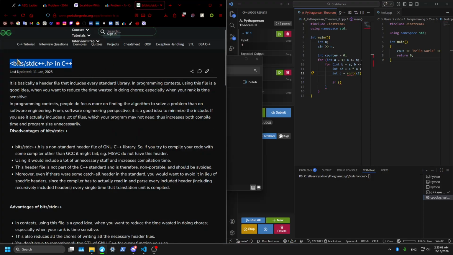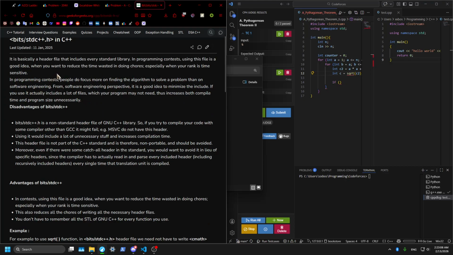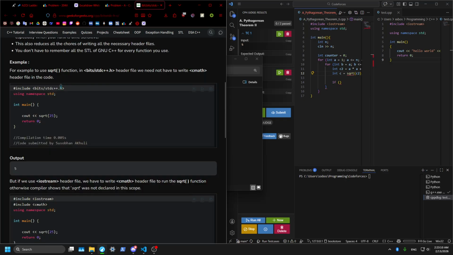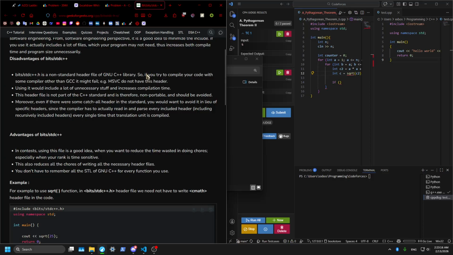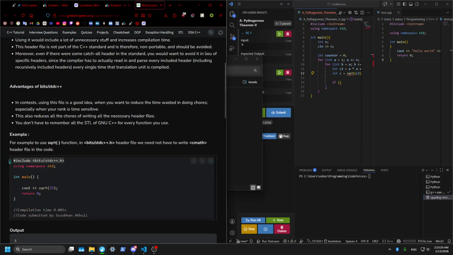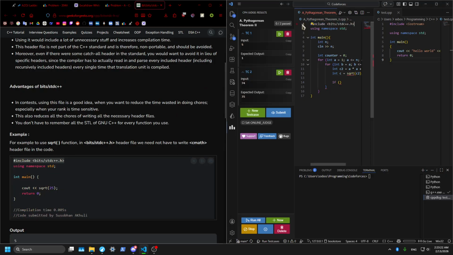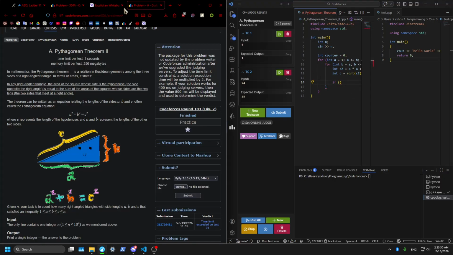I'm pretty sure this is just a collection of all standard libraries, right? It's a good idea. I can just have this here. Yes. Okay, let's finish up this code.